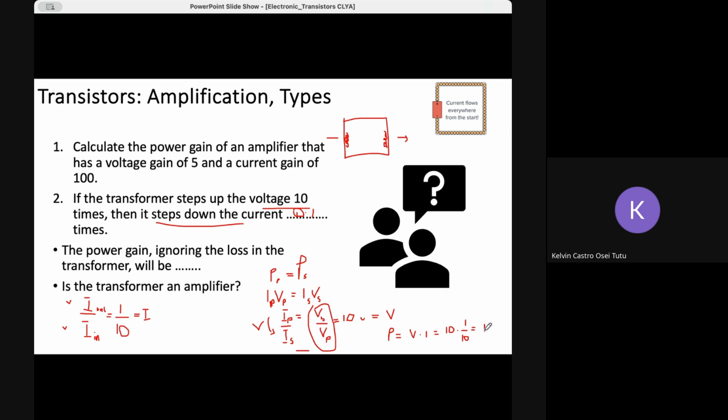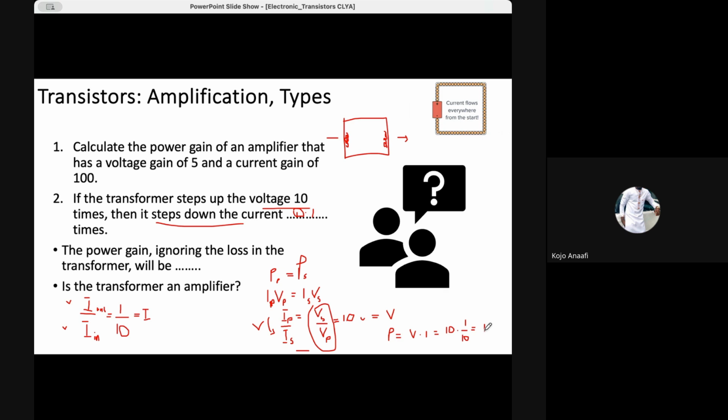So the signal you give to it is the same output that it is going to give to you. You can't do anything about it mathematically. Is that okay? So ideally, there is no way a transformer can be classified as an amplifier. Is that okay? So it has two different relations. If a transformer is working on a voltage, it's working on a voltage. If it's working on a current, it's working on a current. That is all. So a transformer cannot be classified as an amplifier.